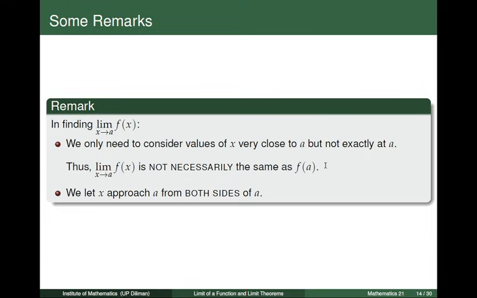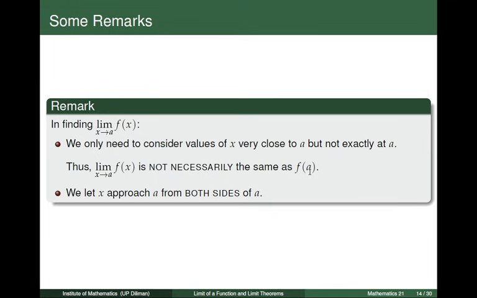So let us mention some remarks. In finding the limit of the function f as x tends to a, we only need to consider values of x very close to a but not exactly at a. Thus, when we are evaluating the limit of f of x as x tends to a, the answer that we may get is not necessarily the same as f evaluated at a.